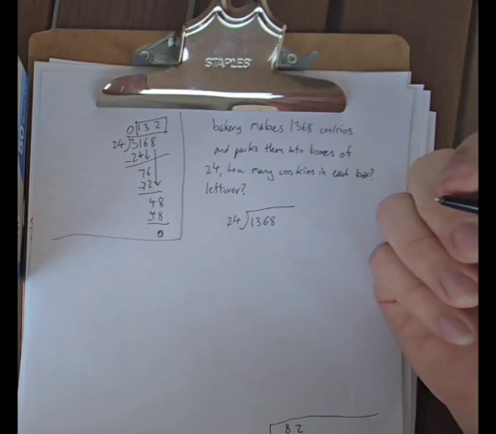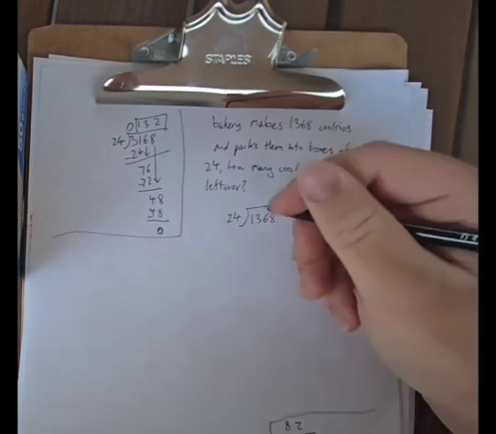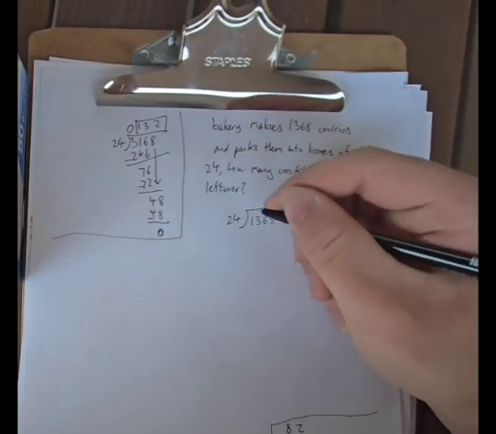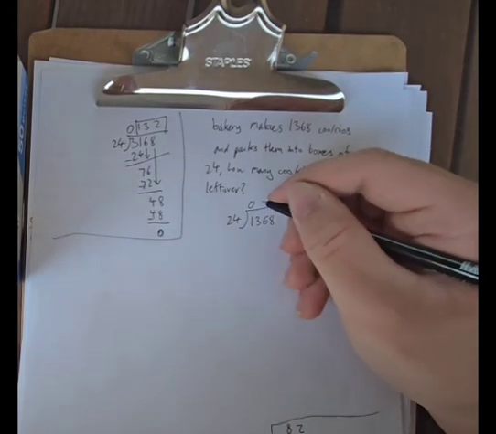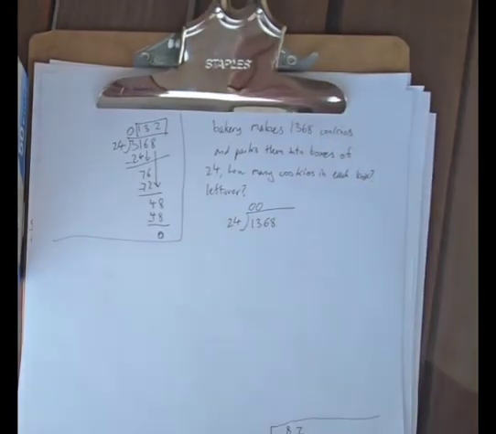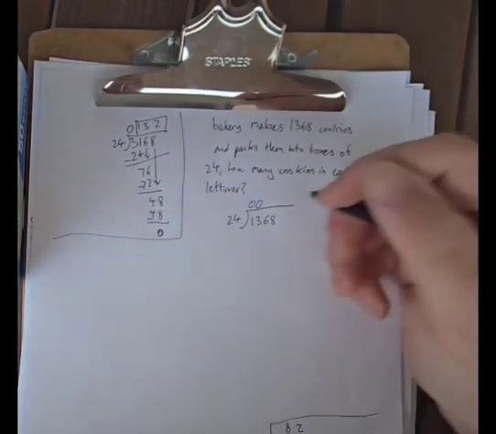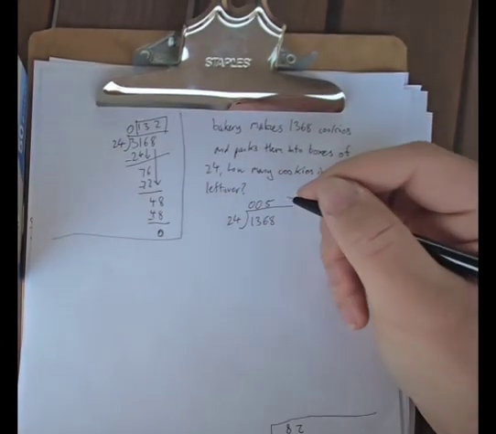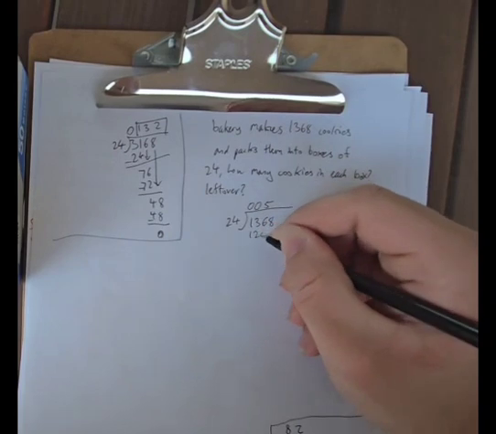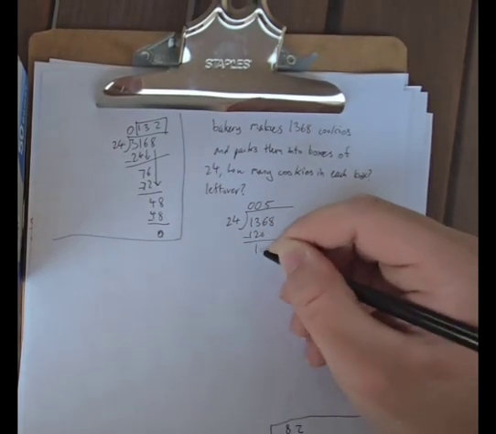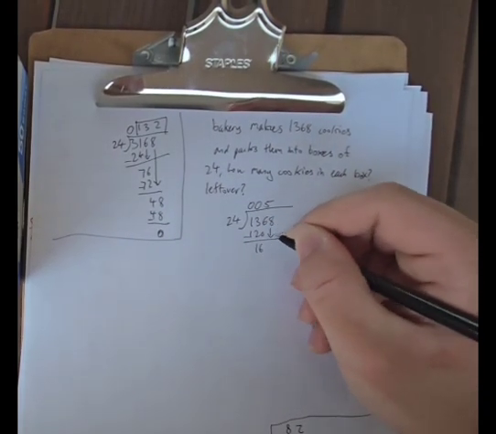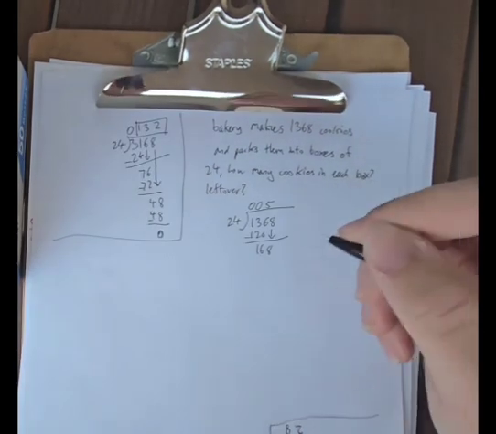And yeah, from here we just do long division. So 24 goes into 1 0 times, and it goes into 13 0 times as well. So how many times does it go into 136? Well, if you do some plugging and checking, you'll see that 24 goes into 136 5 times. And 5 times 24 is 120. So that leaves 16. And when we bring down this 8, we get 168.